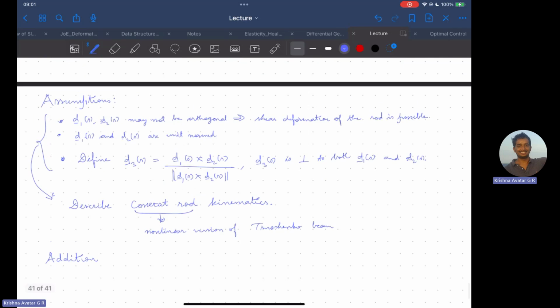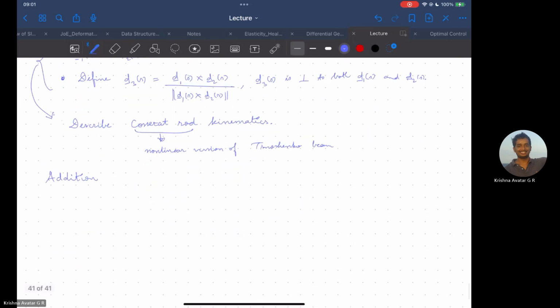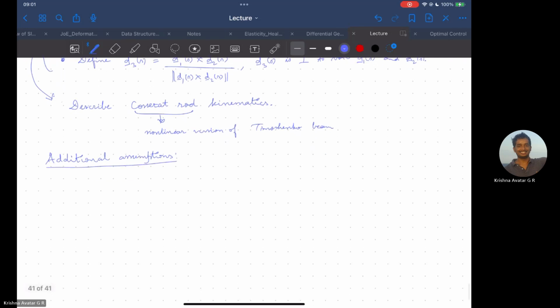Now let's look at additional assumptions. So assumptions for Cosserat. Rather than additional, since it has a different connotation, let's call it further assumptions.